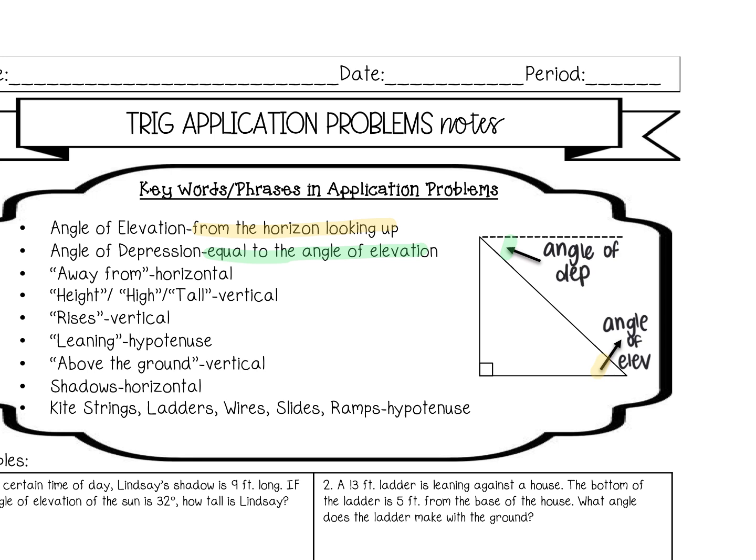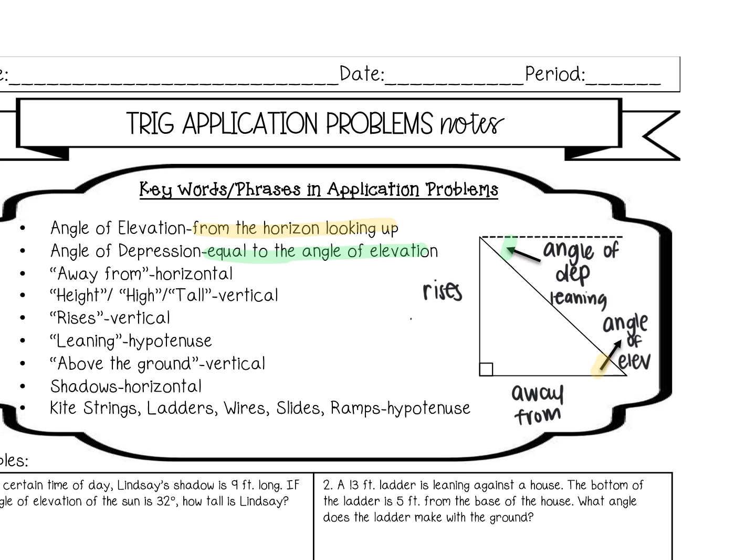Okay. So the next thing are some keywords to help us figure out what we're trying to solve for. If you're away from, that means you're horizontal. So that would be along the bottom of your right triangle. Rises is vertical. Leaning is your hypotenuse.